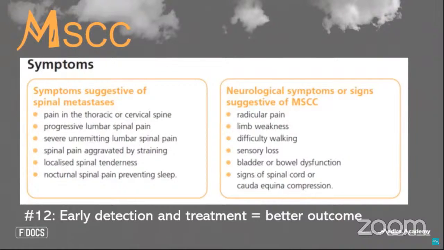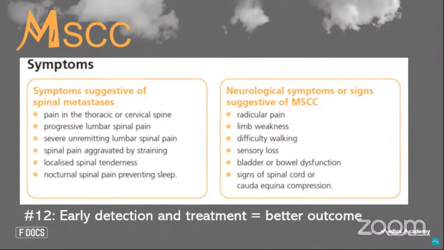Whereas the box on the right highlights the symptoms that might suggest this patient has metastatic spinal cord compression. And it's this group of patients that need to be managed urgently. They need to be immobilized, lay flat, given low molecular weight heparin as thromboprophylaxis, and high dose steroids to try and reduce any permanent neurological damage.